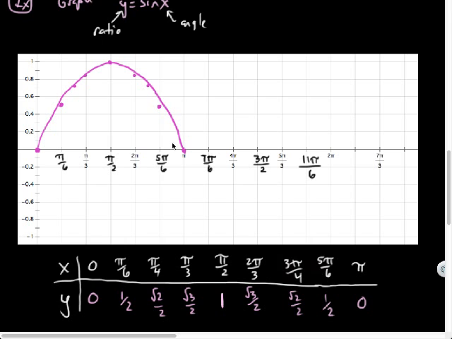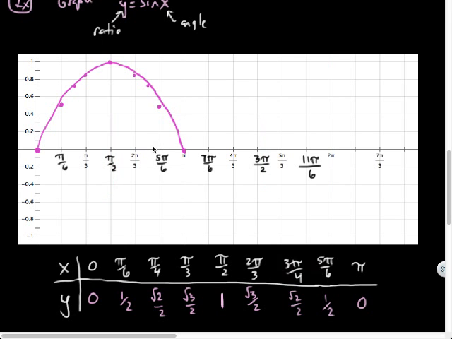Now, if I wanted to think about quadrants here, quadrant 1 was all here, between these values. Quadrant 2 is between here and here. Quadrant 3 would be between here and here. And quadrant 4 would be between here and here, right? So in these next two quadrants, it's going to give me the same values, just the negative versions of them.